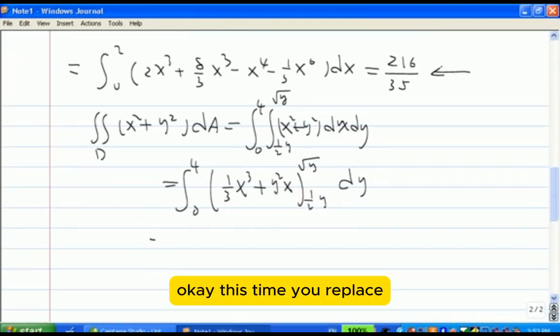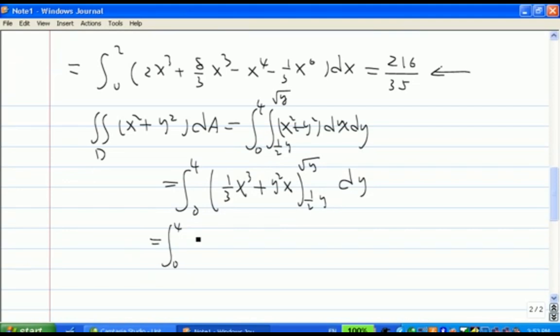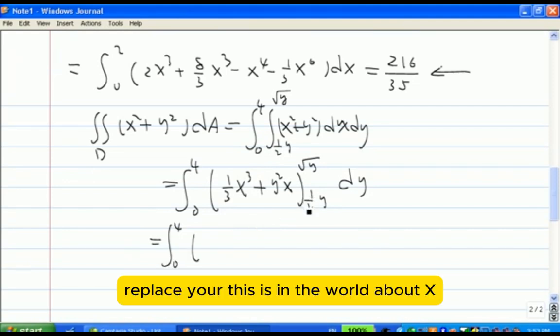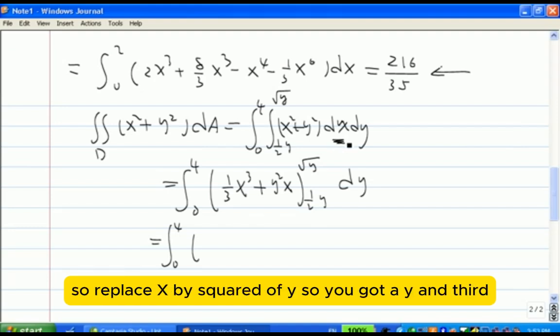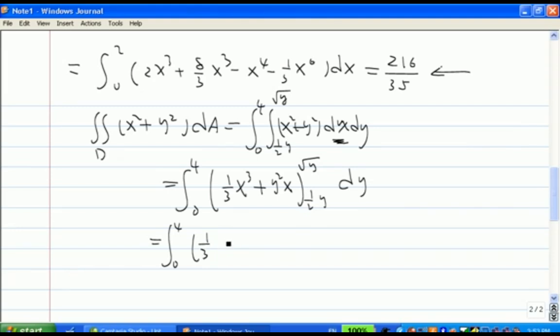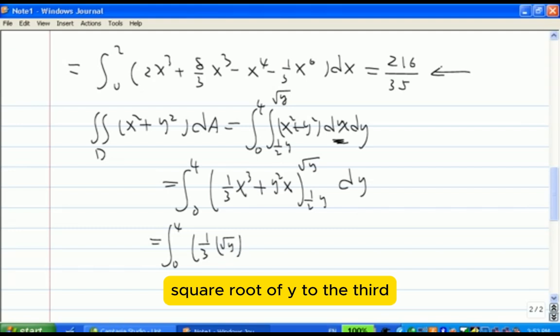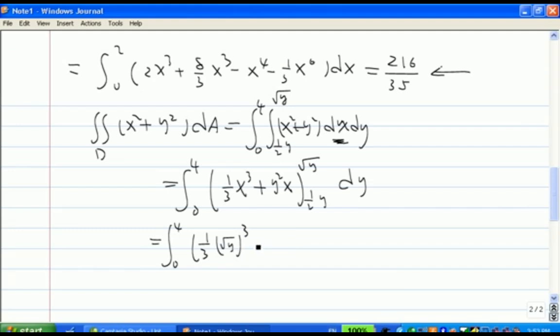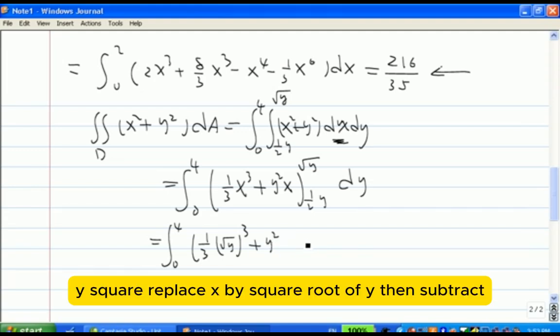This time this is an integral about x, so you replace x by square root of y. You get 1/3 square root of y to the third, plus y squared times square root of y.